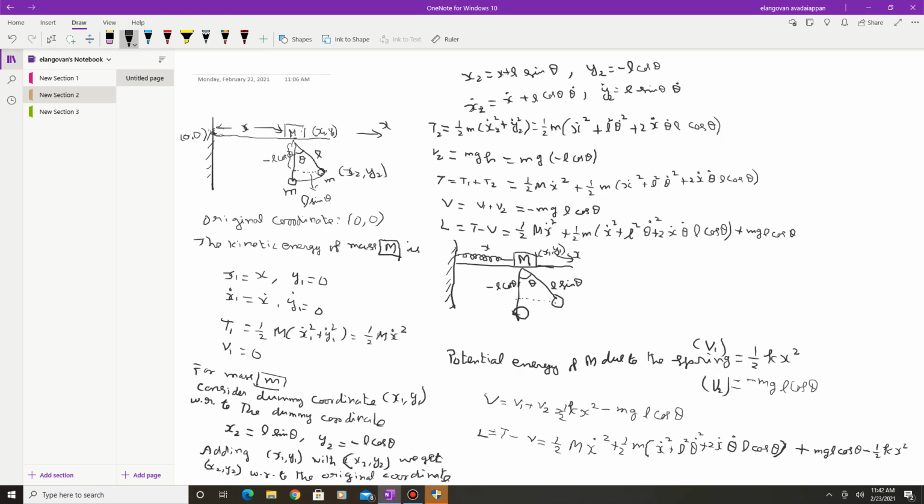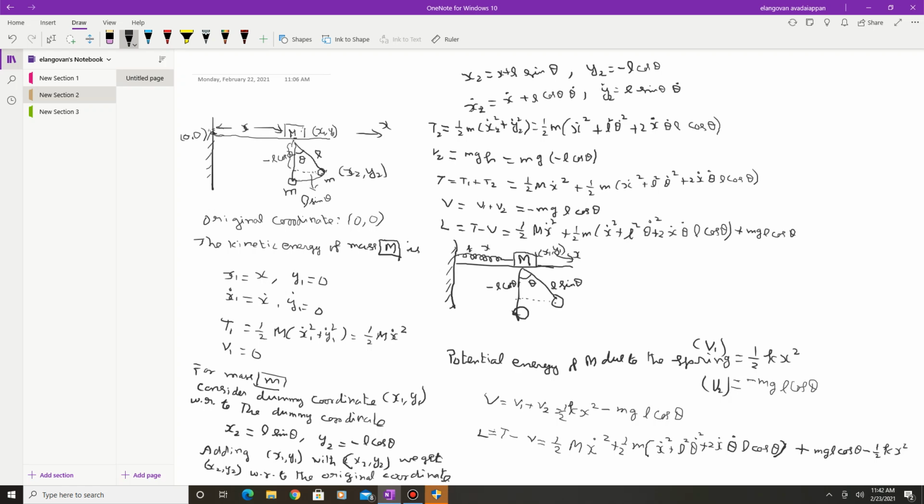Now, suppose you consider one more problem. Suppose the block of mass M is connected to a rigid support by a spring of spring constant k. So if you define k as the spring constant, here this is the block, and the simple pendulum is fixed with this block of mass M. Now it is moving along the x direction.